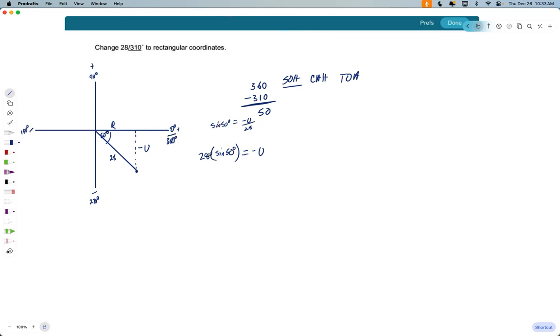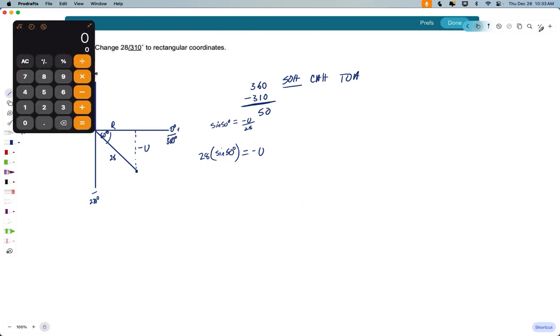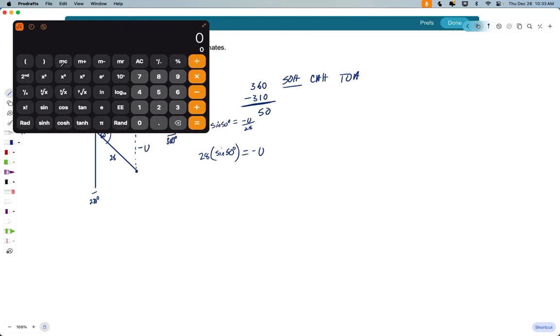Because once you multiply both sides by 28, you get the hypotenuse times the sine of 50 is equal to the length of the side. So now all I have to do is this calculation, right? So we pull up the calculator, get our scientific calculator out, and I'm going to say what's in the parenthesis first, 50 sine.